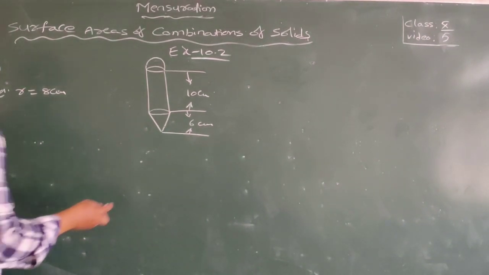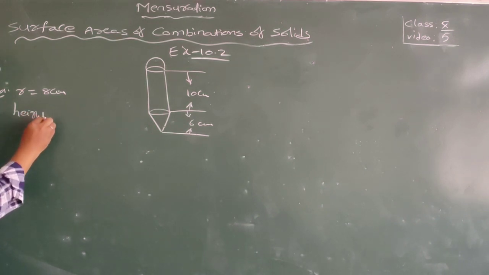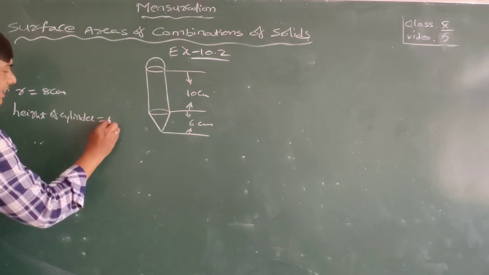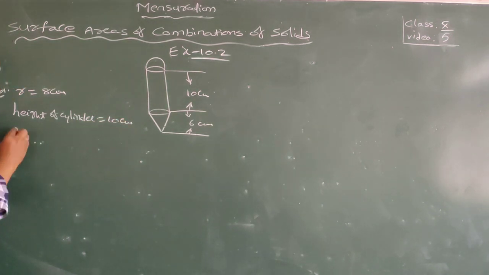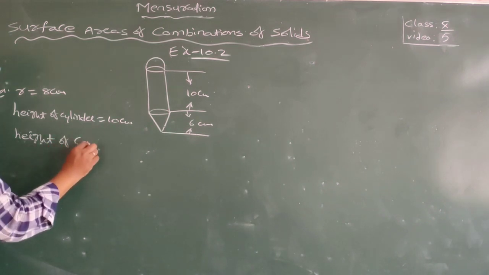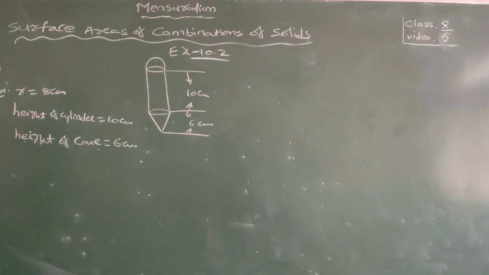See here, height of the cylinder is equal to 10 centimeters. Height of the cone is equal to 6 centimeters. They are given. Now what do they ask here?